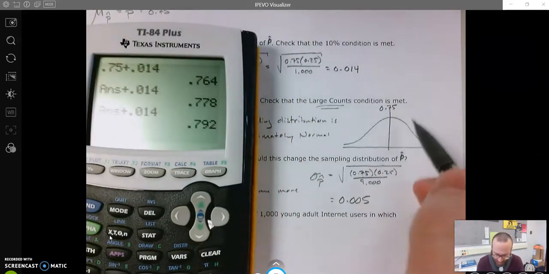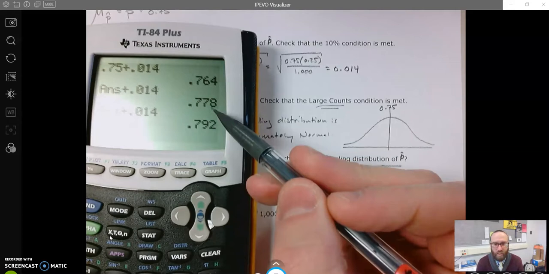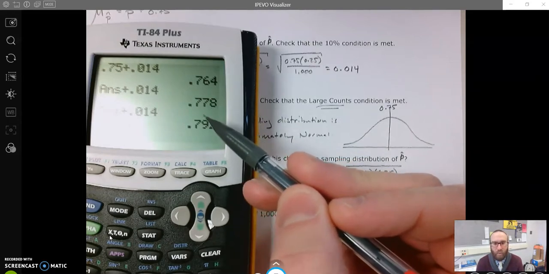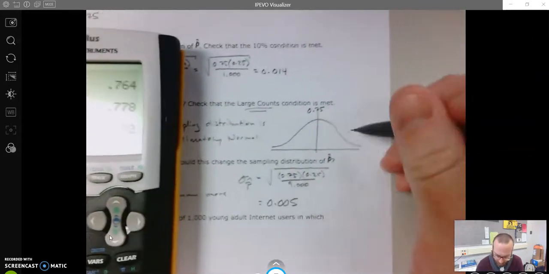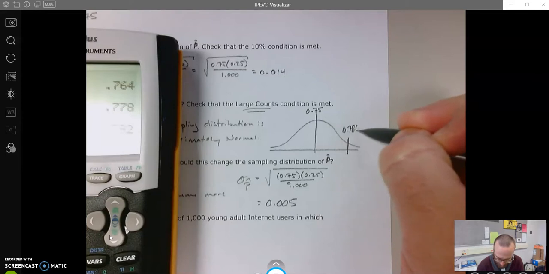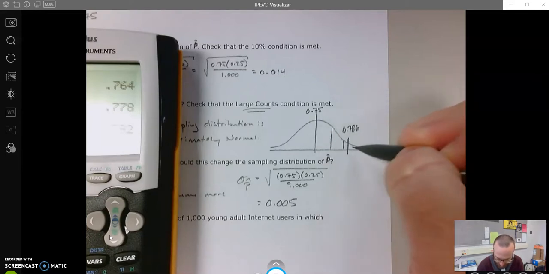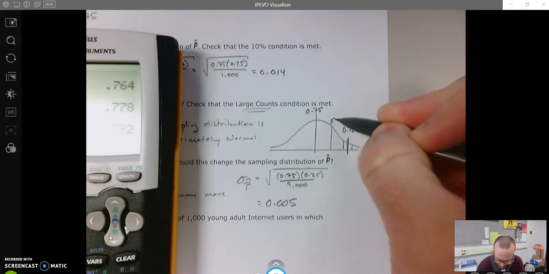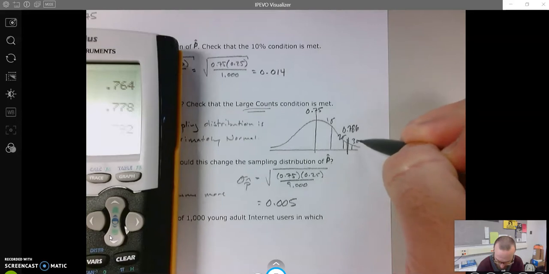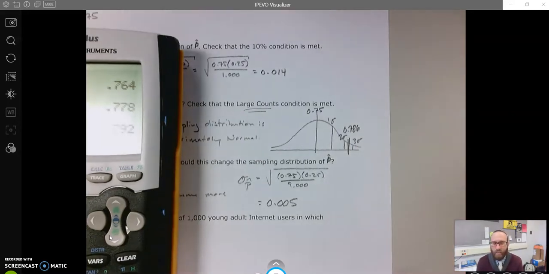So 1 standard deviation, 2 standard deviations, 3 standard deviations. My 78.6 in the sample is really going to fall probably out here based on what I just saw. I'll drop those in there, okay?